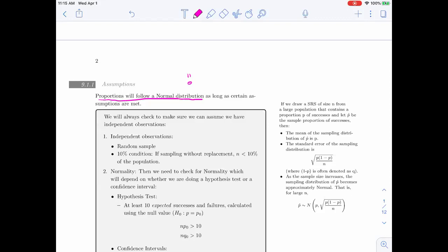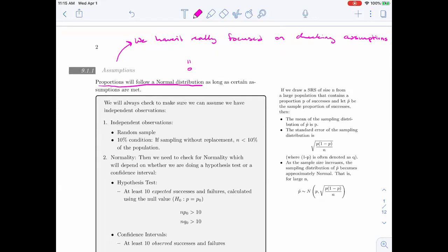So here, what I'll say is we haven't really focused on checking assumptions when analyzing means. But for proportions, it will be important.